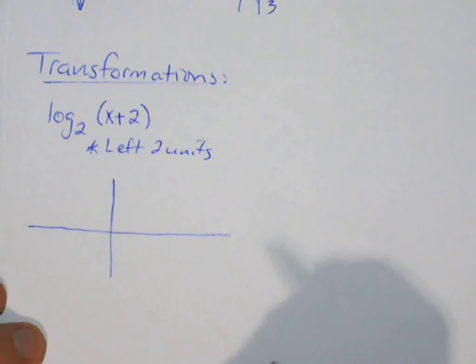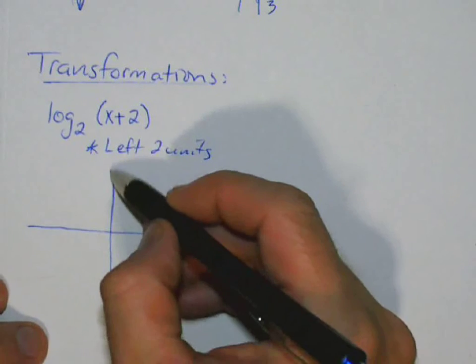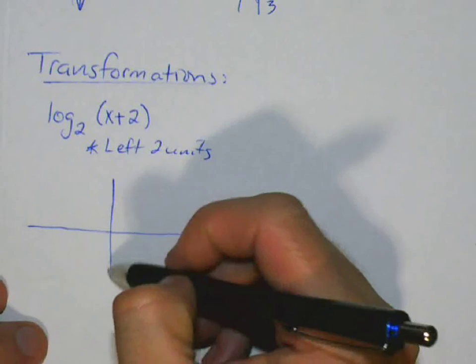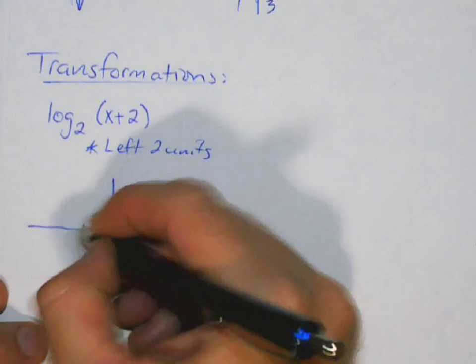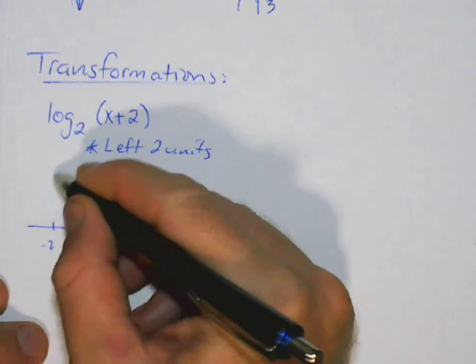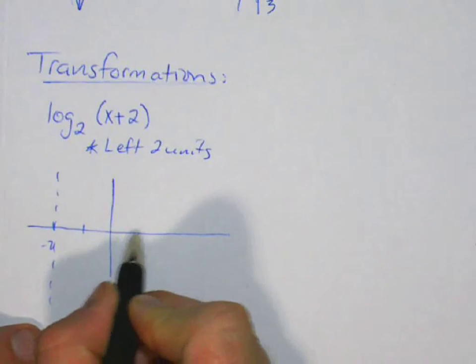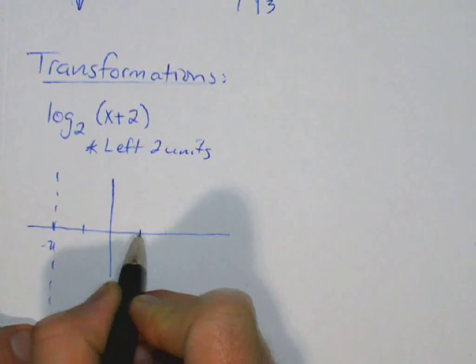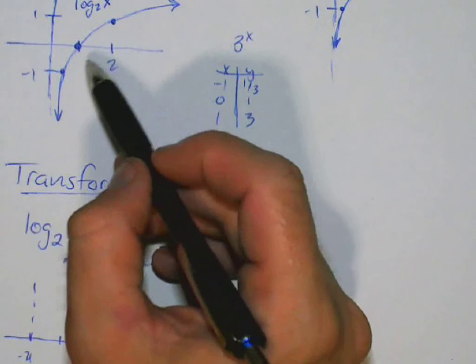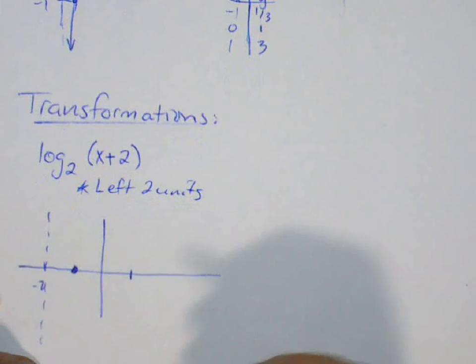One of the first things that I like to move is the asymptotes. So this vertical asymptote that's usually at 0 gets moved 2 units to the left as well. That point that usually was at (1, 0), if you're looking at the graph up above, becomes the point (-1, 0) by moving 2 units to the left.